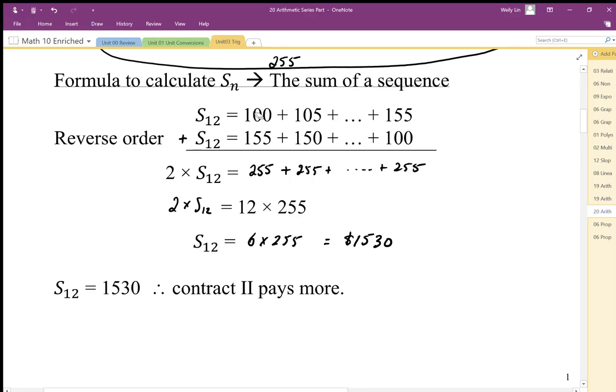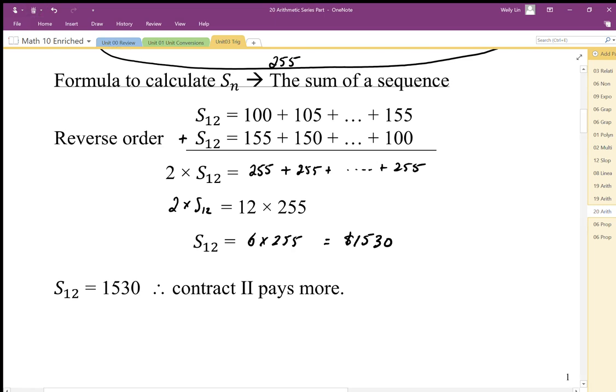So I have this sum where I add the first and last terms. If I multiply it by the number of terms, I have double what I really wanted, so I divide that by 2. And again, I can come to the conclusion that contract 2 must pay more. So make note of what happened here.